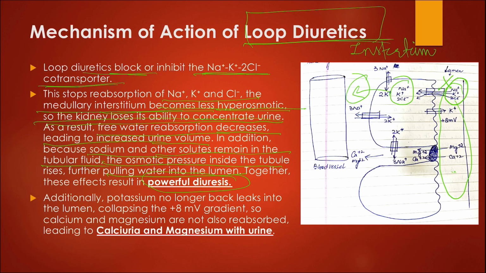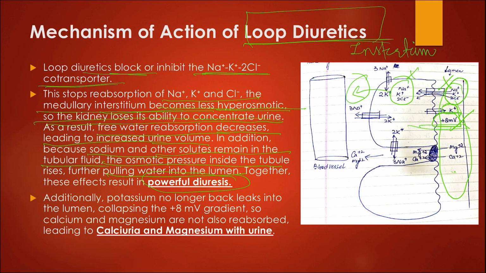So, once this was blocked, no sodium, no potassium, no chloride was reabsorbed, which led to powerful diuresis. Once this cotransporter is blocked, potassium will not back leak into the lumen. This plus 8 millivolt gradient will also not be created.